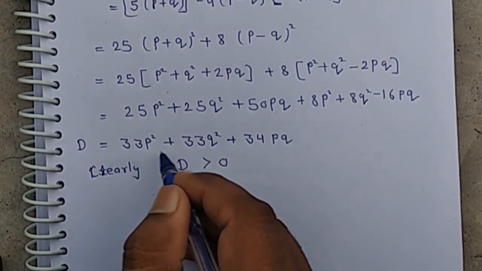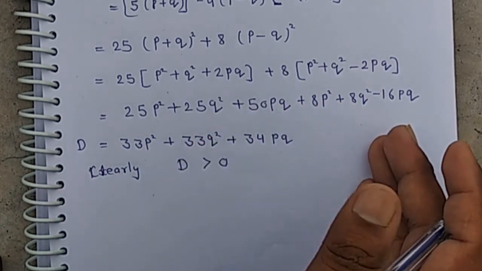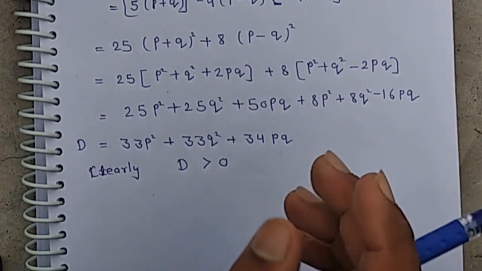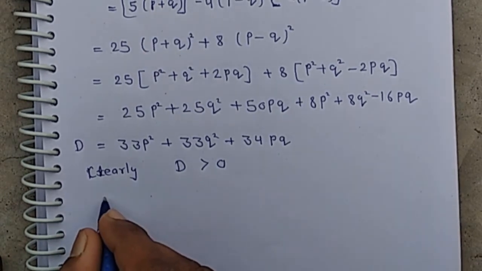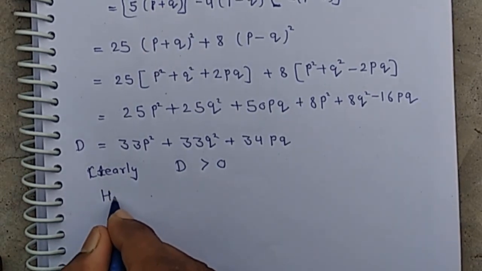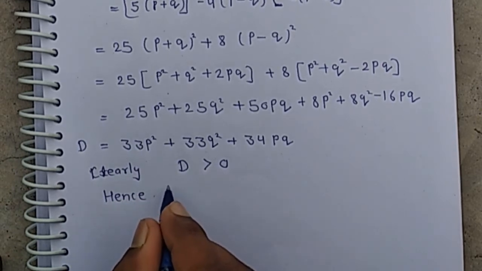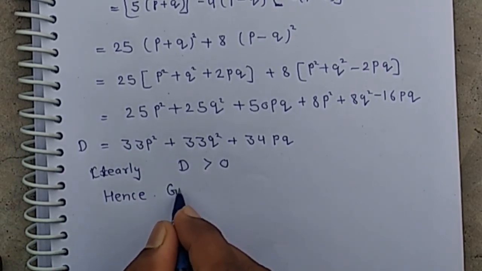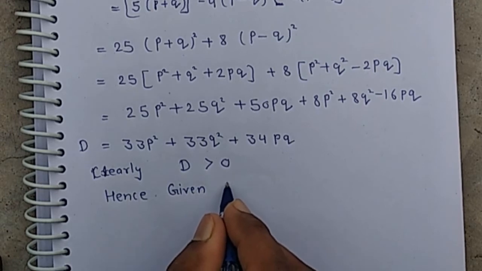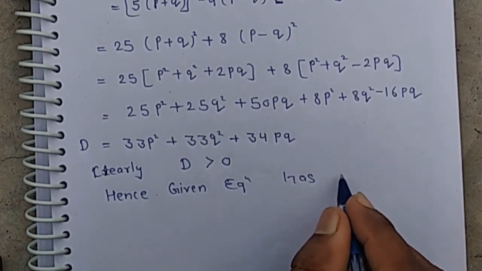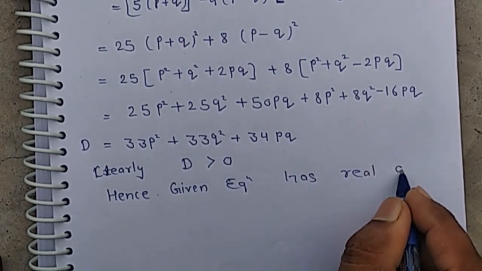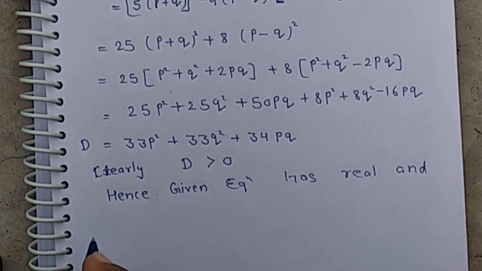Then this term cannot be equal to 0. Then the value of D is always greater than 0. Hence, the given equation has real and unequal roots.